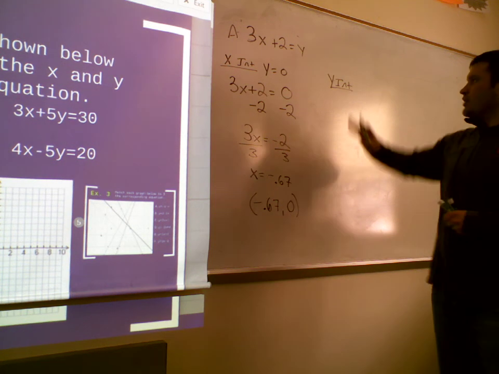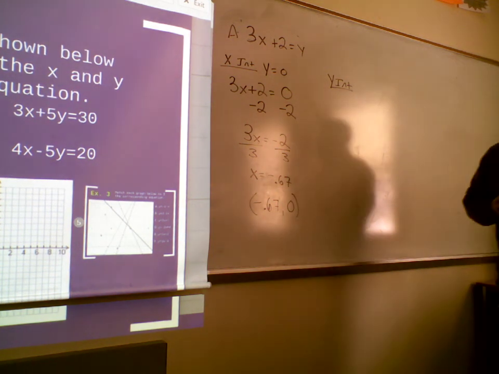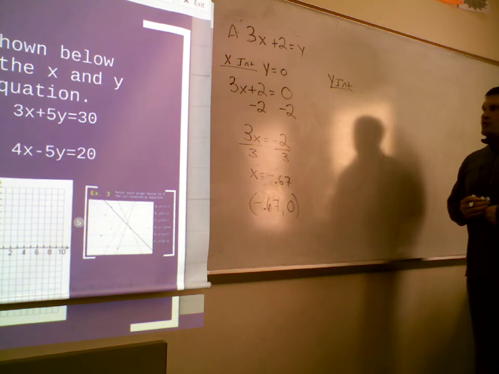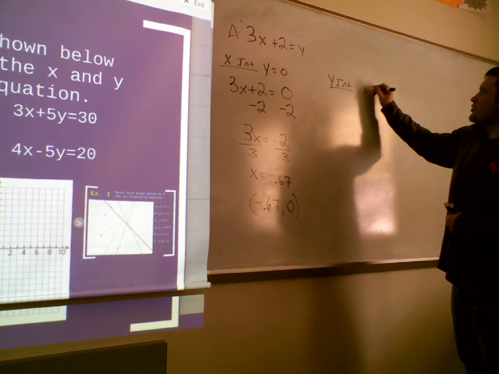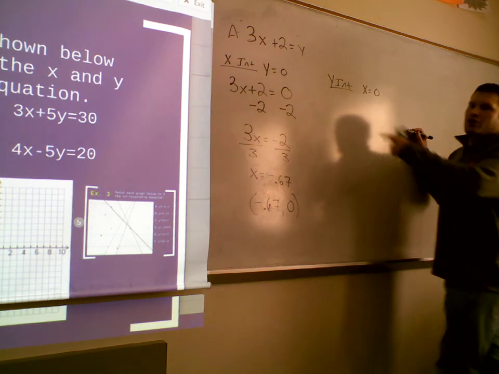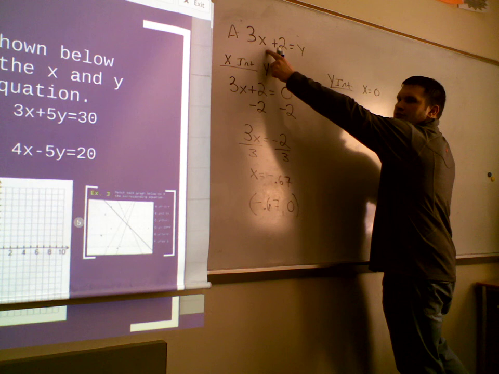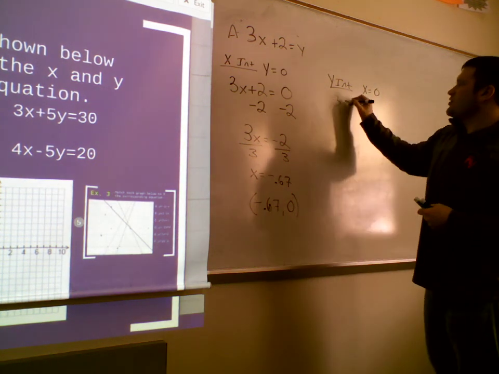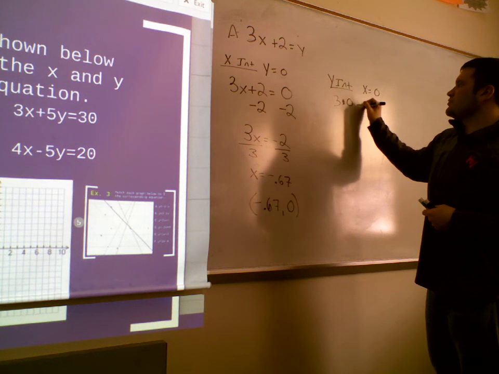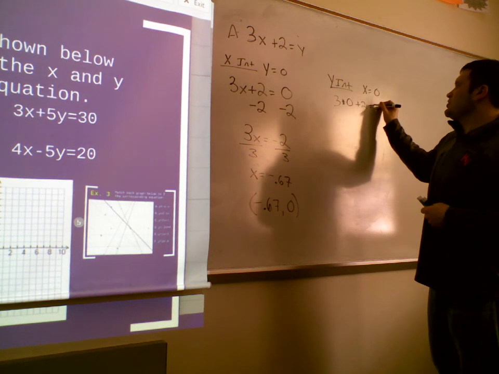No? Okay. Y-intercept. What value do we already know right now? What's x? 0. So using the same equation, we now put 0 in for x. So we do 3 times 0 plus 2 equals y.